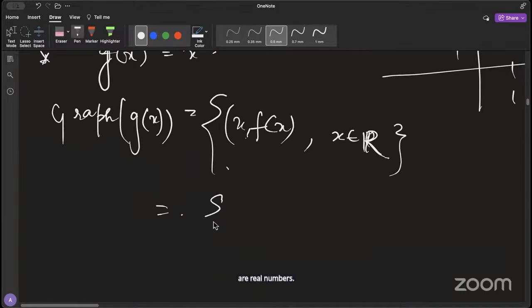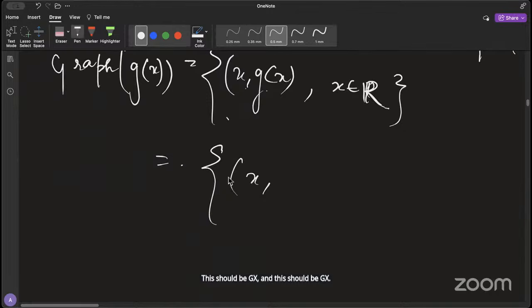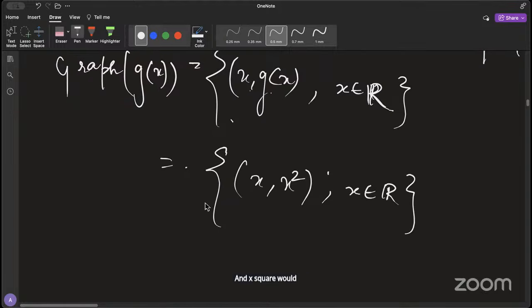So this will be x, and, sorry, I should have written g(x) here. This should be g(x) and this should be g(x). So this will be x, and g(x) is nothing but x squared. So the collection of all the points of the form (x, x squared) would be my graph, right?